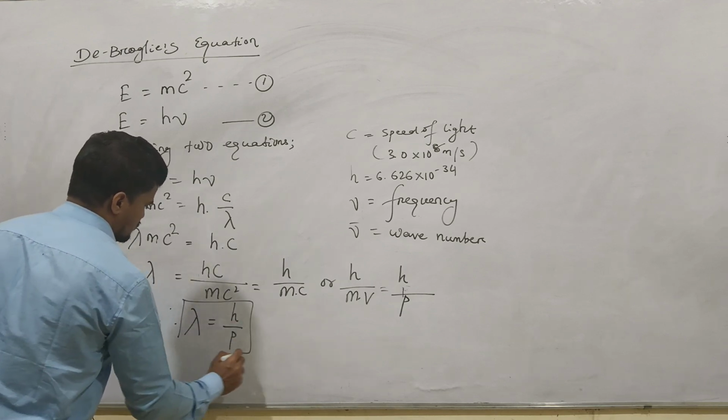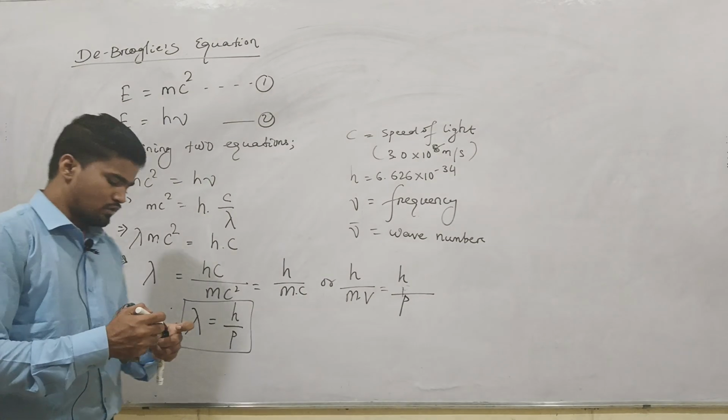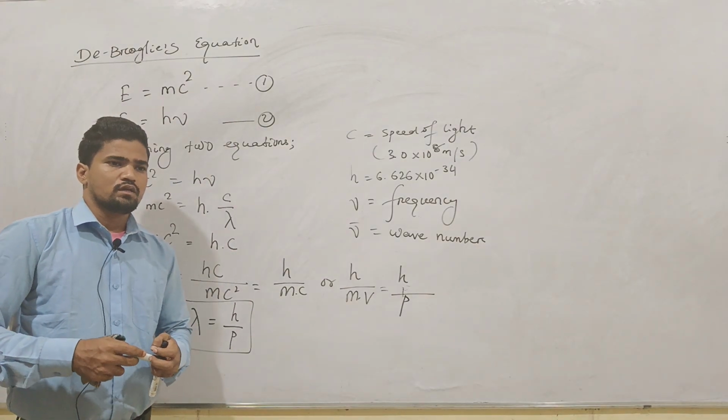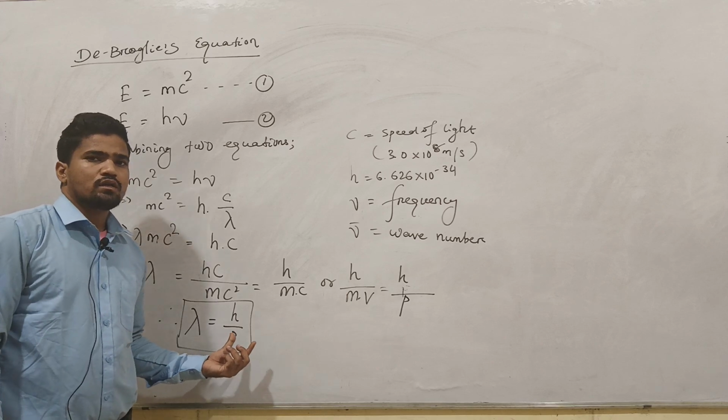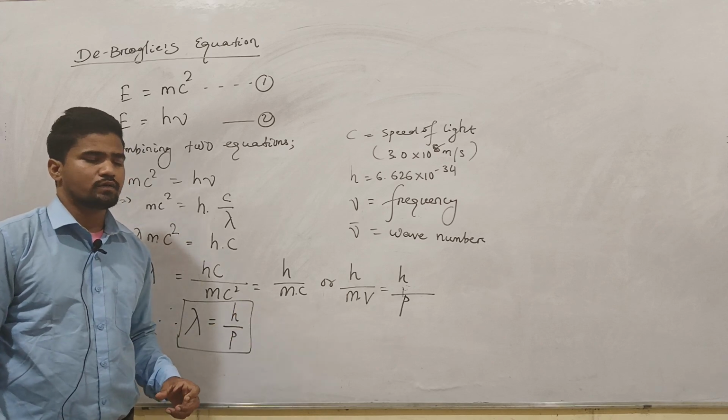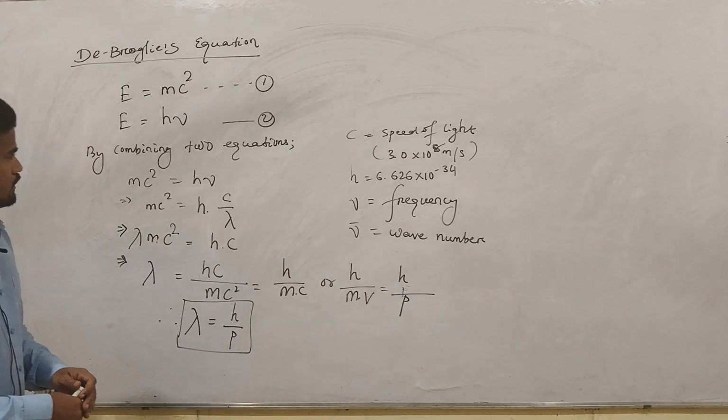The de Broglie equation tells that the wavelength of a microscopic particle is inversely proportional to its momentum.